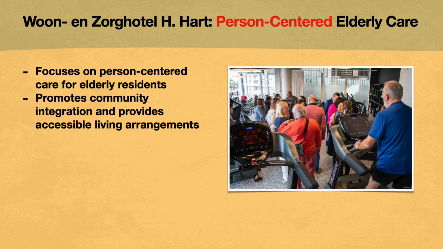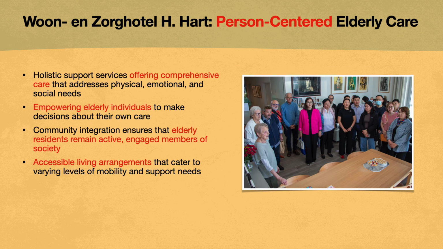Similarly, Woon- en Zorghotel Heilighaard in Kortrijk emphasizes person-centered care for elderly residents. The facility empowers residents to make choices about their care, promotes community integration, and provides accessible living arrangements while focusing on holistic support services, ensuring that elderly persons are respected as active members of society.